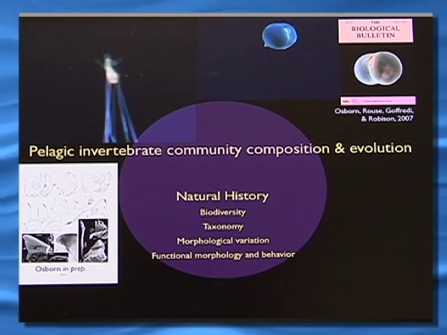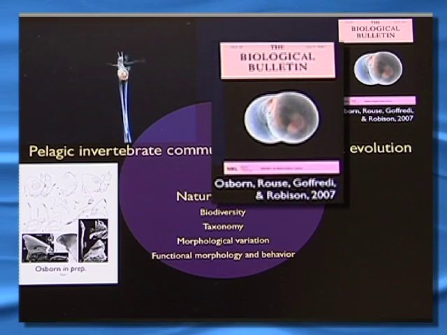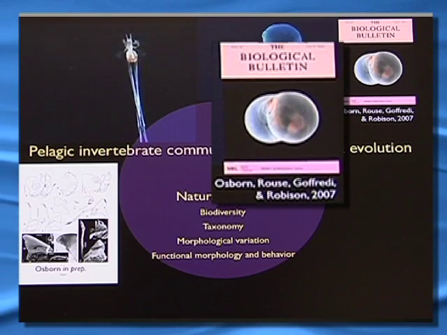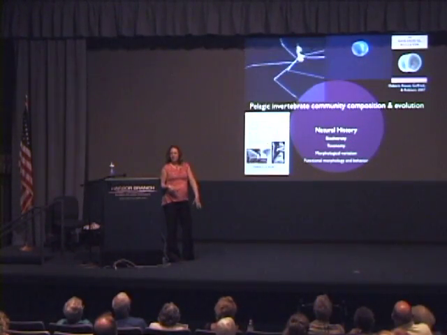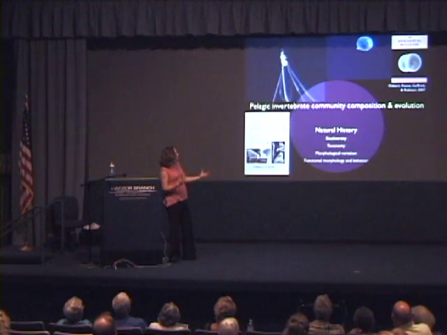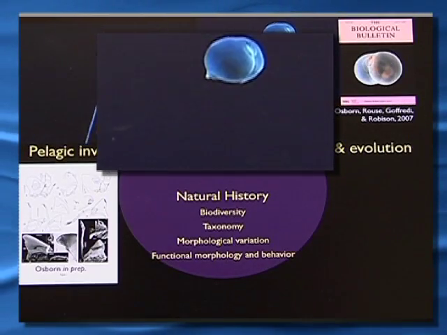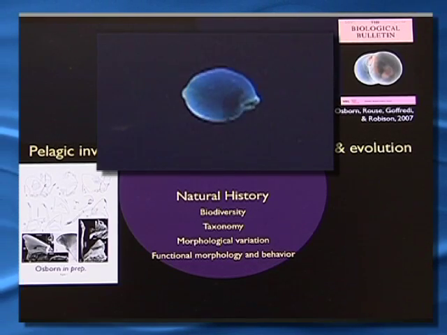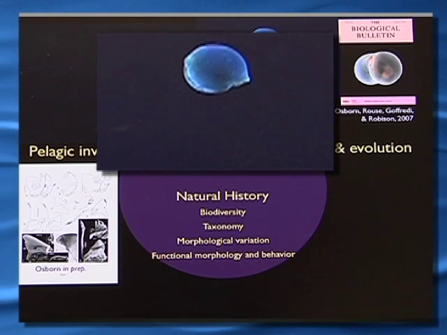You can see that in two examples of projects. This project up in the top right corner was a description of a pelagic chaetopterid worm. Chaetopterid worms typically live in tubes attached to the bottom. They're really interesting worms on their own. We found this ping pong ball up in the water column at about 1,000 meters. We kept finding them. We were wondering what exactly they were.